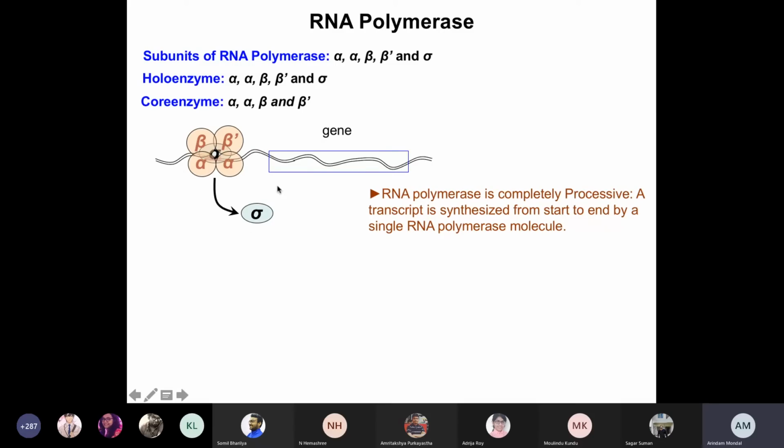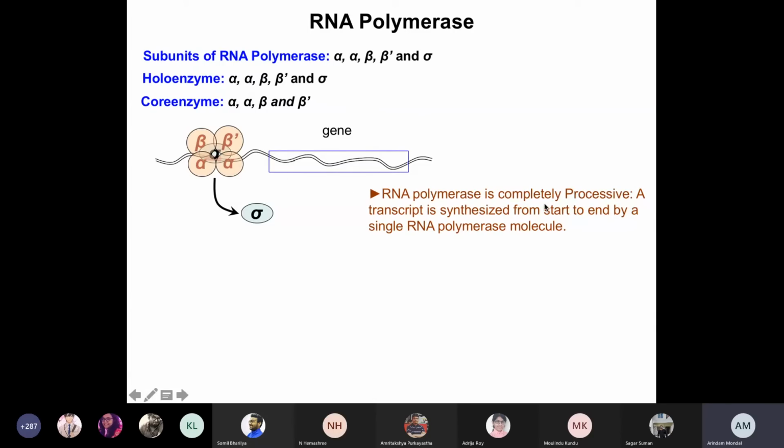So this dissociation of the sigma from the holoenzyme denotes the transition from the initiation to the elongation phase of transcription. Okay. Now, once it enters into the elongation phase, it can processively read the template so that it can keep on synthesizing the RNA.